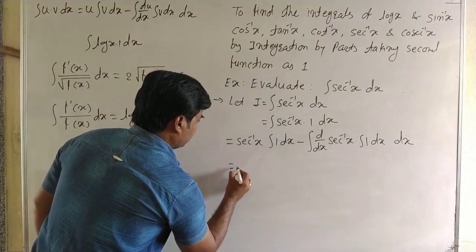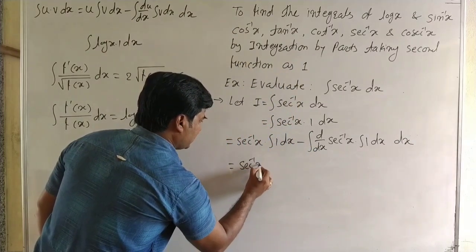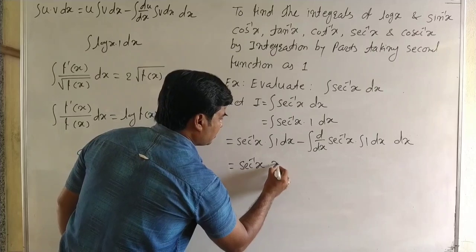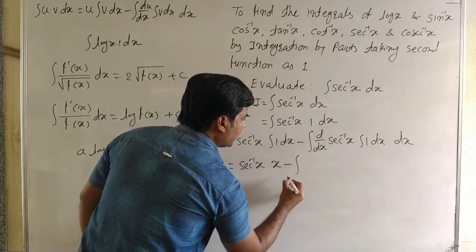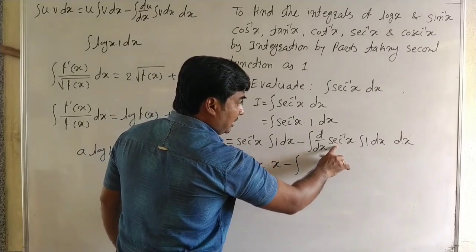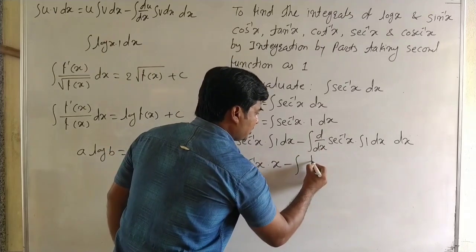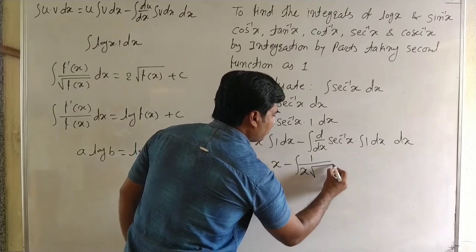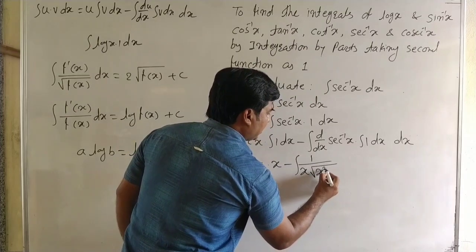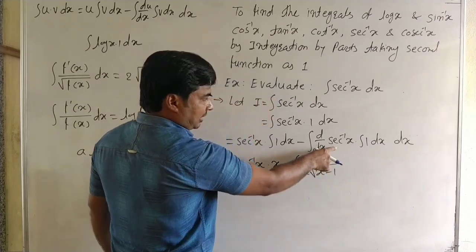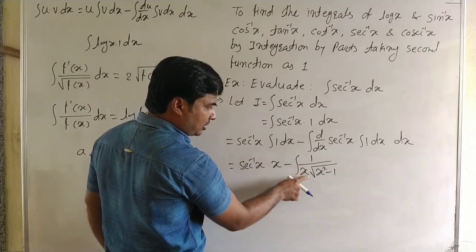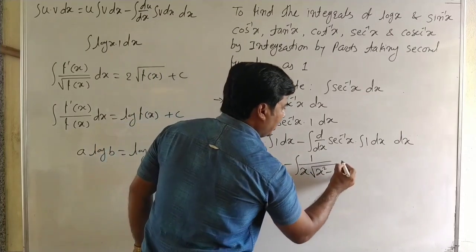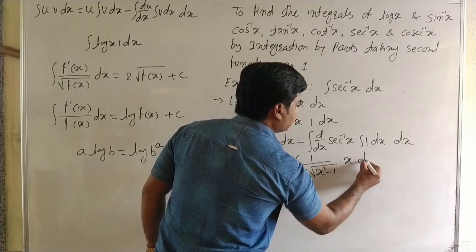Then sec inverse x into x minus integral of derivative of sec inverse x. The derivative of sec inverse x is 1 upon x into under root of x square minus 1, and into x dx.